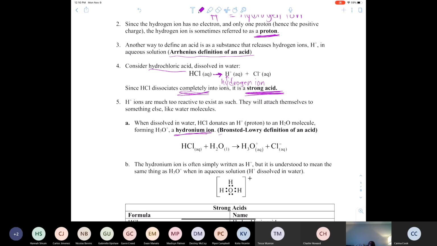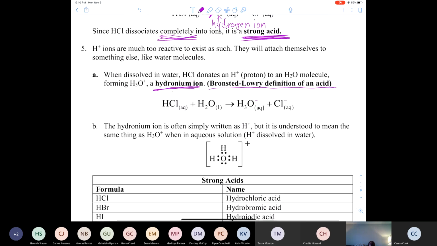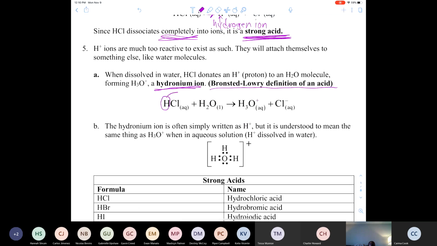And that's the Bronsted-Lowry definition of an acid. It is a substance that's able to donate a proton. So HCl reacting with water is going to donate its proton to the water, and that's how H3O+, the hydronium ion, is formed. The Cl- ion is your other product.